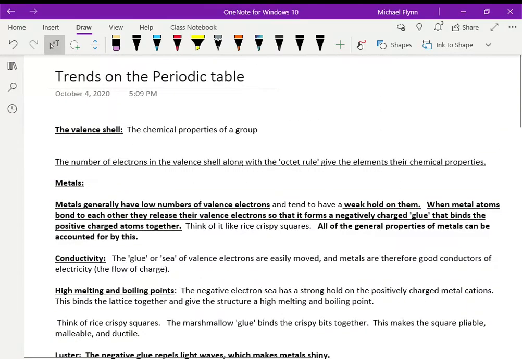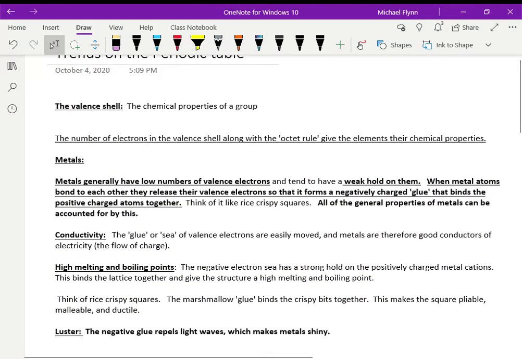All right, here's the deal. We've already talked about how the valence shell determines the chemical properties of the group, right? So if you're an alkali metal, you have 1 valence electron. If you're an alkaline earth metal, you have 2. If you're in the transition area, you typically have 2, 3, or 4. That's a bit complicated, that area. Aluminum, though, has 3.